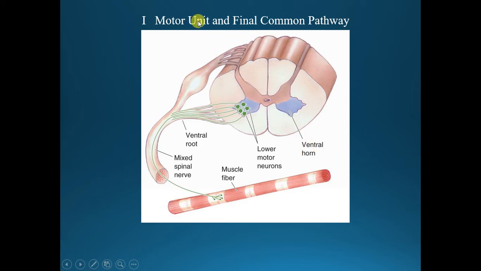The motor units or motor neurons are on the ventral side of the spinal cord. The area of motor units: ventral horn, lower motor neurons, muscle fiber, ventral root, mixed spinal nerve.